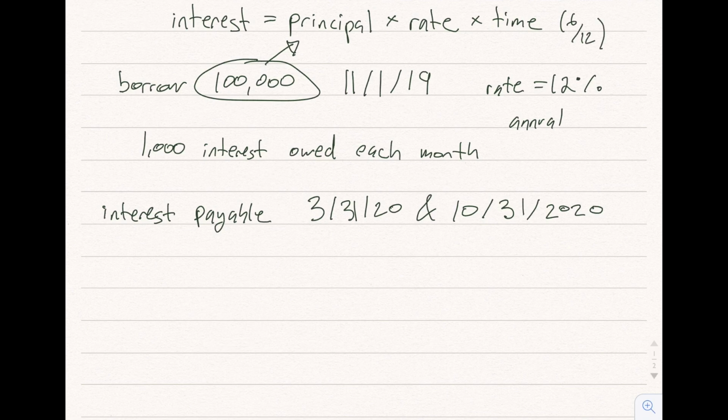But typically it's an annual rate, which means we don't actually have to do anything here because 12 out of 12 is the same as 1. So it's like multiplying 100,000 times 12% times 1. So we're keeping it simple. It's an annual rate, but just know that the problem could call for something else.